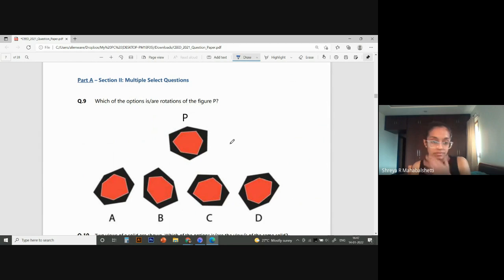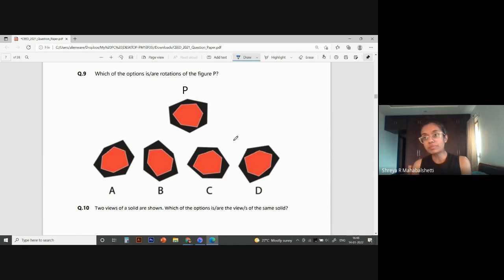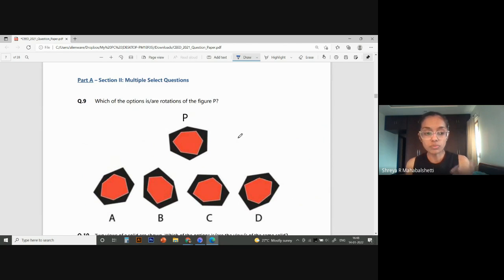In section 2, I was not very good at it, so I did not bother to solve much here. I jumped to section 3. The reason behind it is that in section 2, multiple options can be correct, and in section 3, only one option for sure is correct.